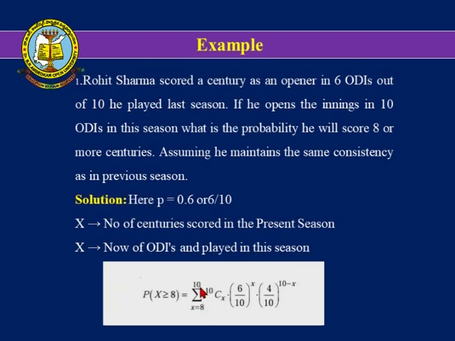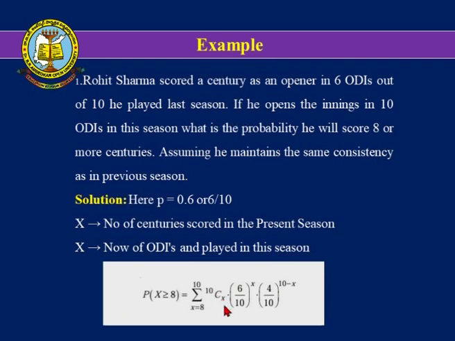Why have we taken 8 to 10? We need the random variable x to be greater than or equal to 8, so 8, 9, 10. If we expand 10 Cx, 6 by 10 whole to the power of x, 4 by 10 whole to the power of 10 minus x, and substitute 8, we get 10 C8.